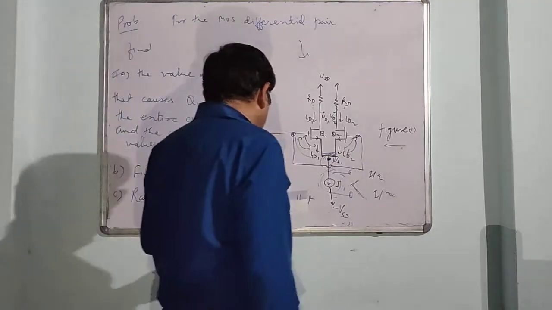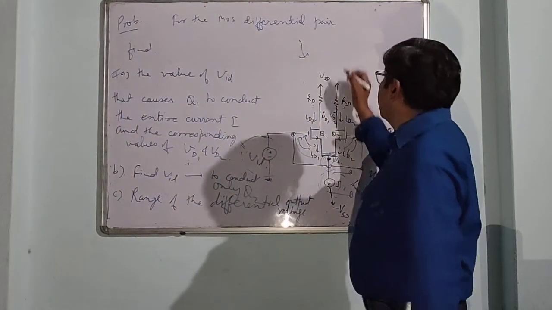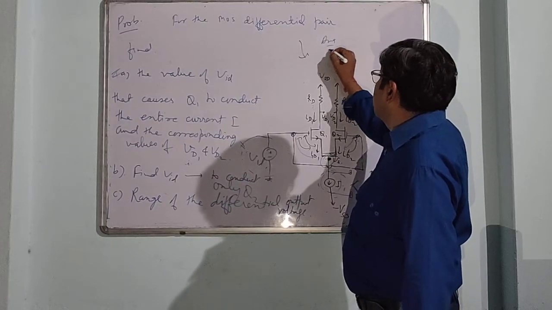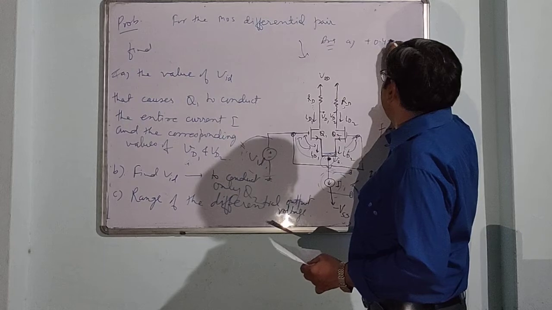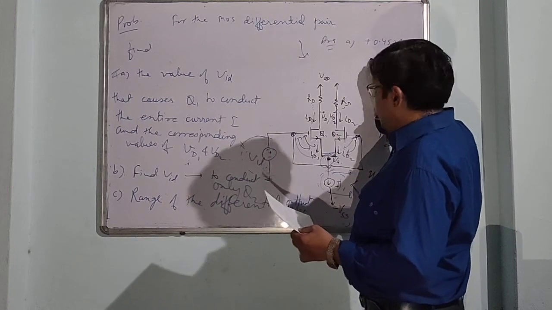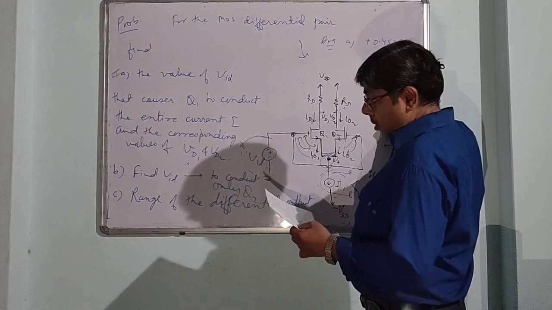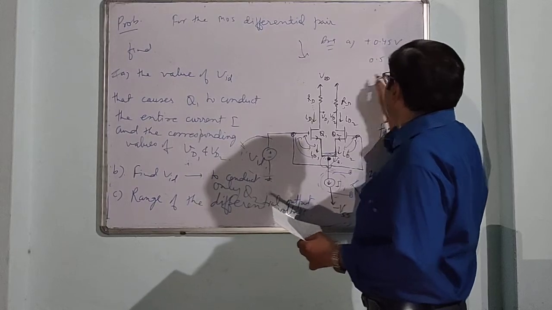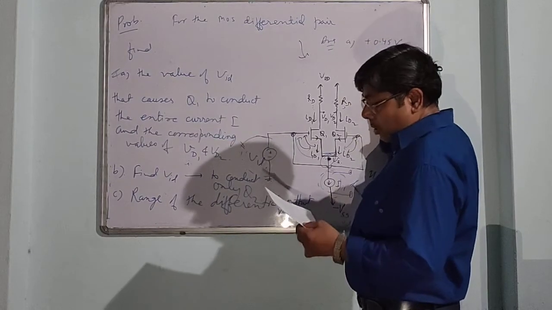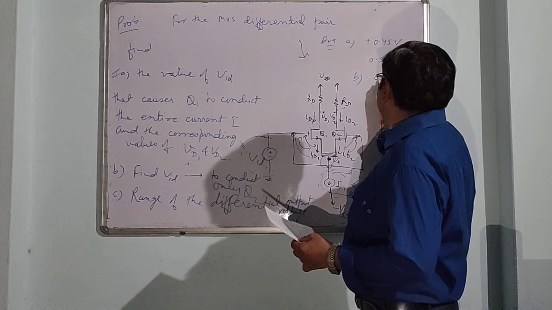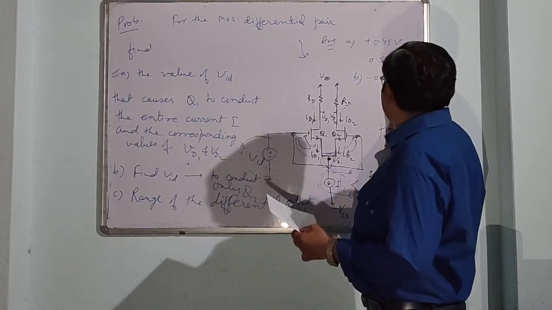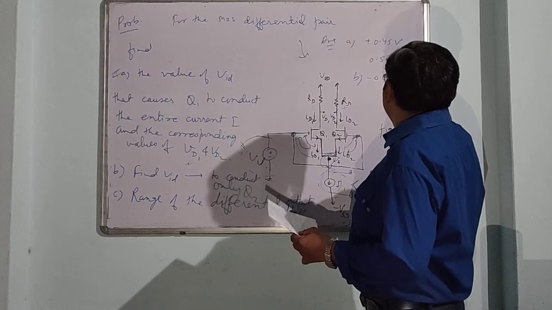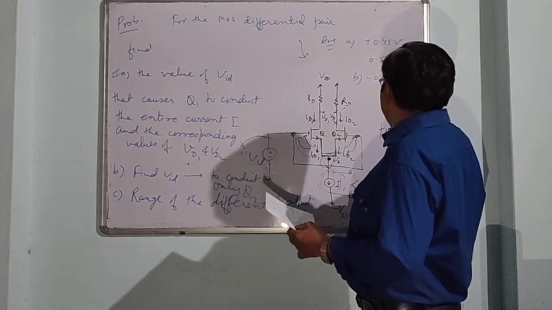So what is the procedure? I am giving you the answer here. Answer of the first part: plus 0.45 volt, 0.5 volt and 1.5 volt. In part B, just opposite: minus 0.45 volt, 1.5 volt and 0.5 volt.